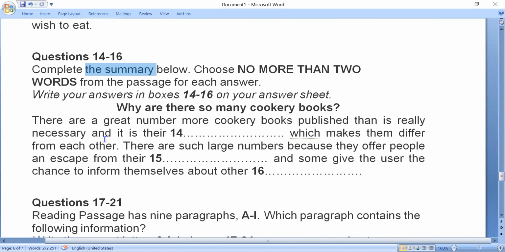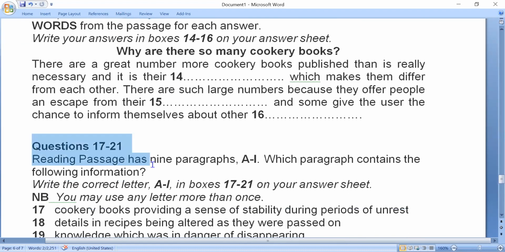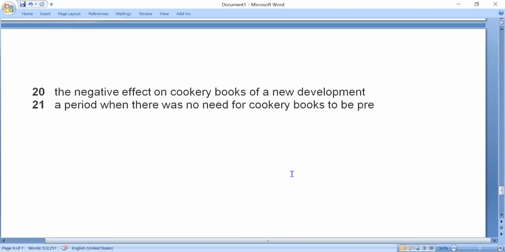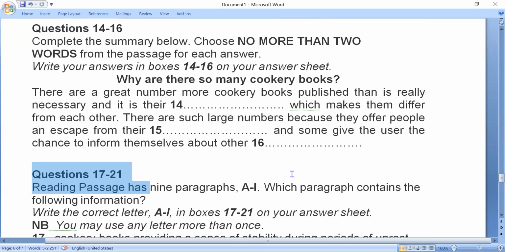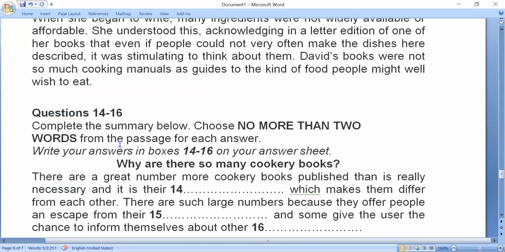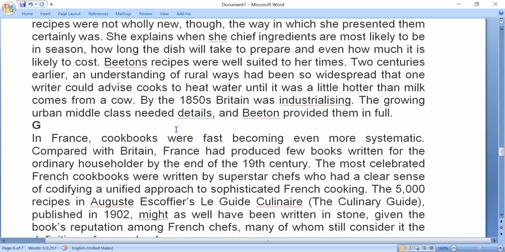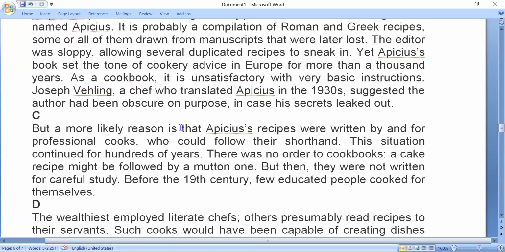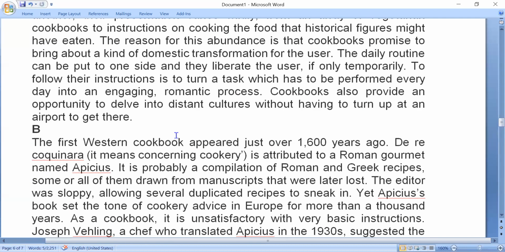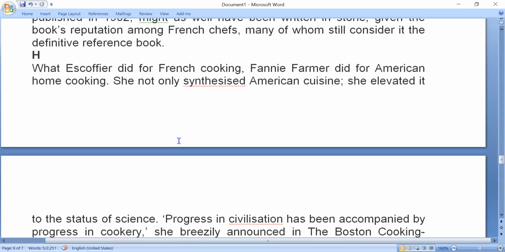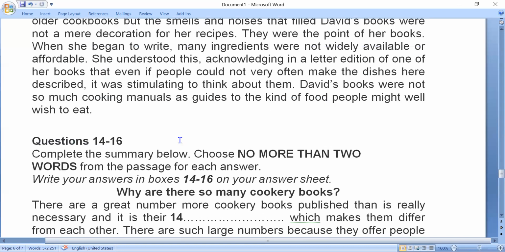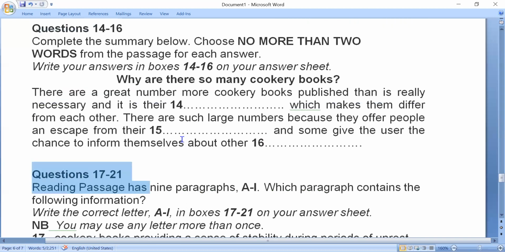Today we will go for list of headings, but we can solve the summary as well. I think that will give you an idea how list of headings is different from other topics.